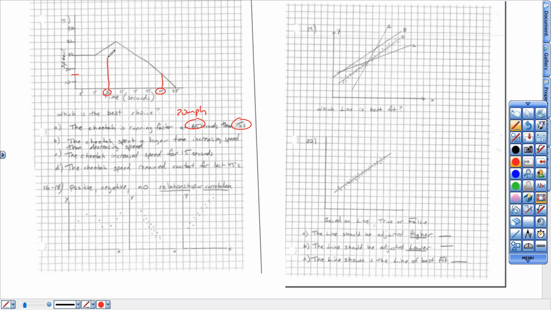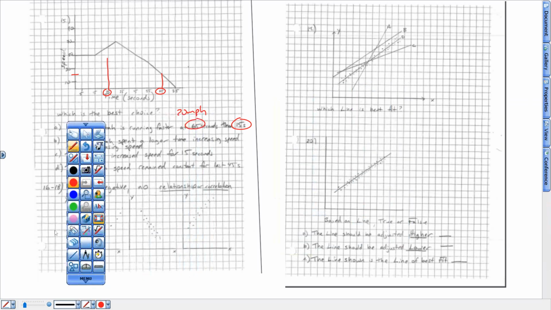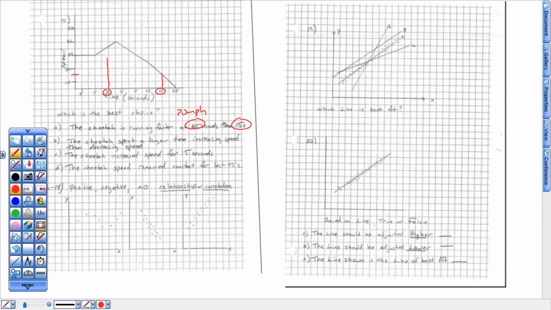If I look at 15 here, looks like it's about 50. So again, 65, I got about maybe 20 miles per hour. For this one, I got about 50 miles per hour at 15 seconds. Cheetah running faster at 65 than that's not true because this is smaller.